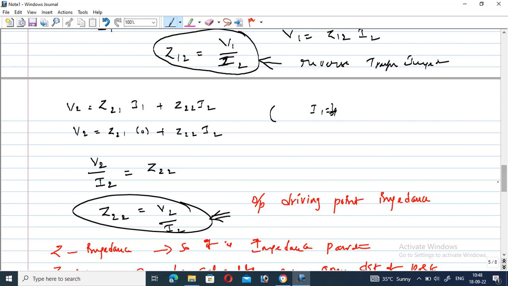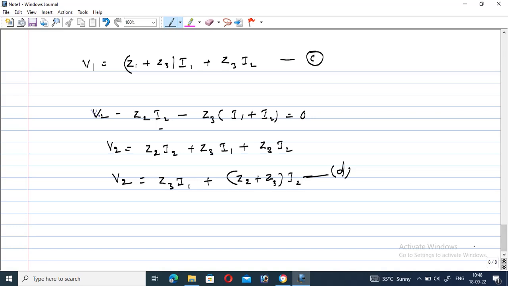Therefore Z11 is equal to Z1 plus Z3, right? As well as Z12 is equal to, comparing this one, Z3, as well as Z21 is equal to Z3, as well as Z22 is equal to Z2 plus Z3. So these are the Z parameters for the above equation.